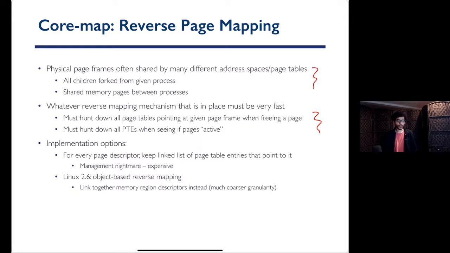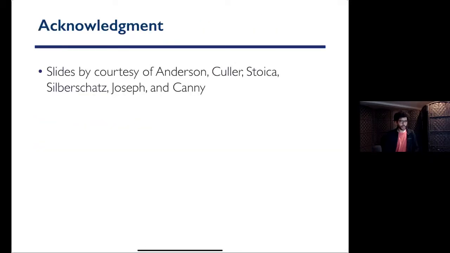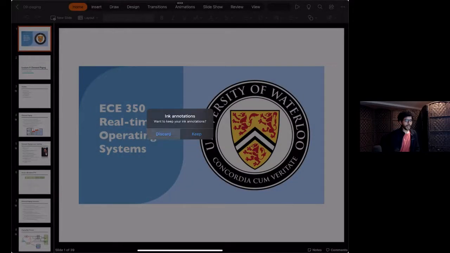You kind of want to have it both ways: have a mapping from virtual page to physical page, and also have a mapping from physical page to virtual page. Okay, so that's that. So we're done with memory management.